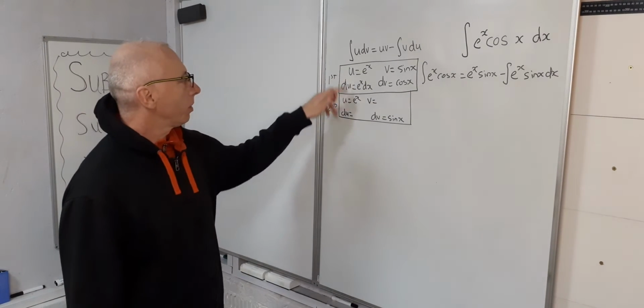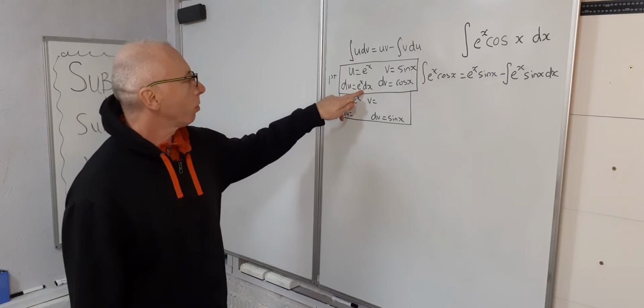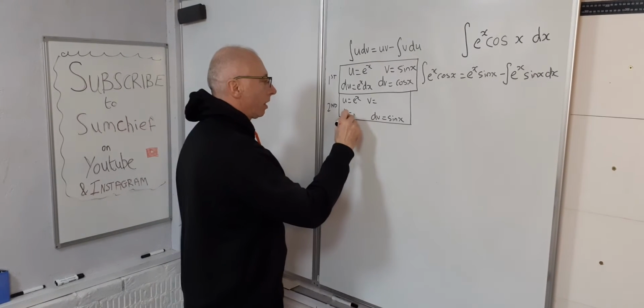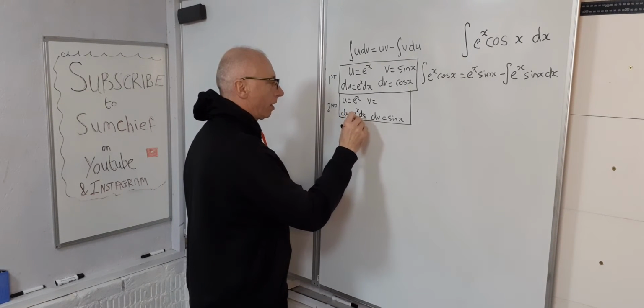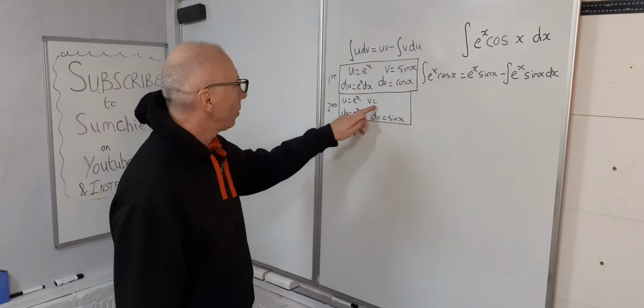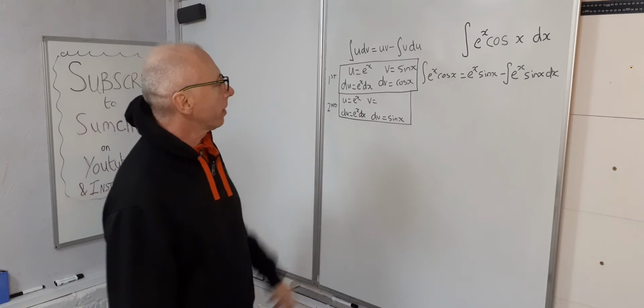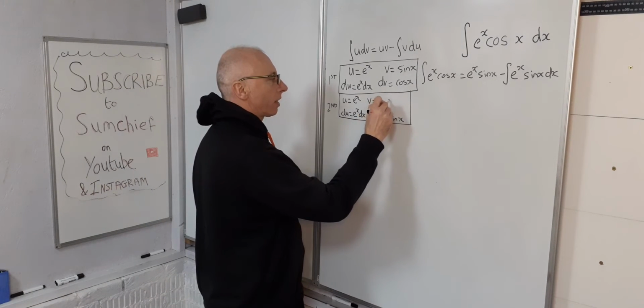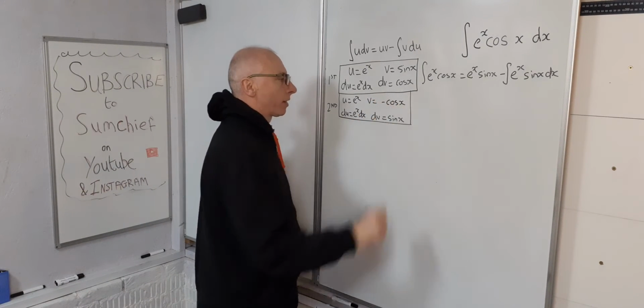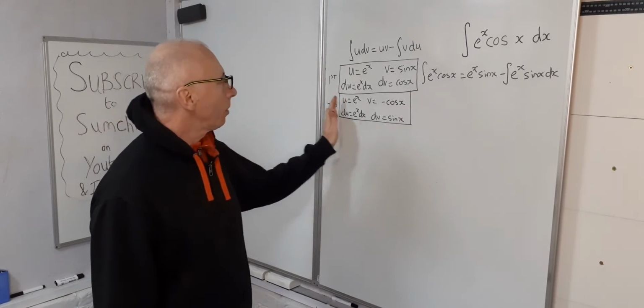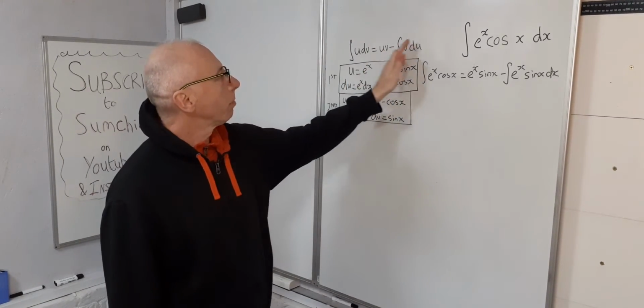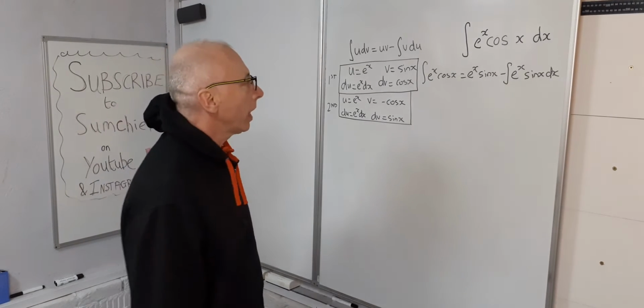Okay, so the du is going to be the same as in the first one because it's e to the x, same again. So e to the x dx. Everyone's favourite differential, and v is basically the integral of sine x. So the integral of sine x is negative cosine x.